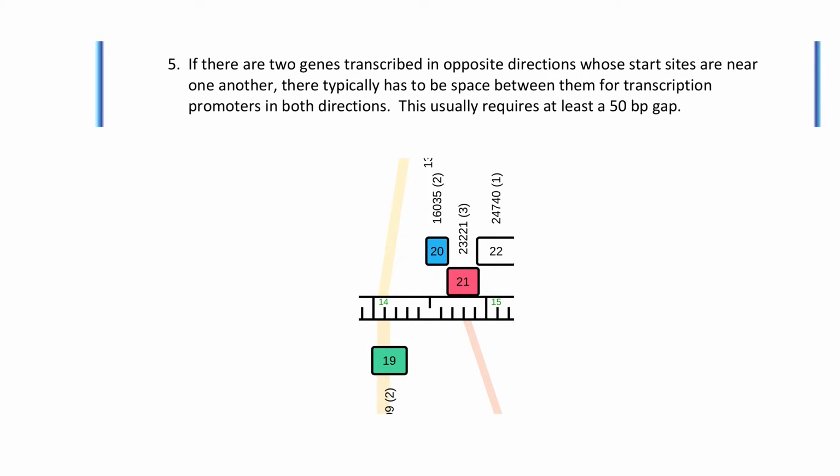In this case, it looks like the gap is about 150 base pairs long. That's important because there has to be room for a promoter going in the rightward direction and a promoter going in the leftward direction, and these promoters should not overlap with each other. So in these kinds of spaces, we expect there to be regulatory sequences and not a gene encoded in the space.